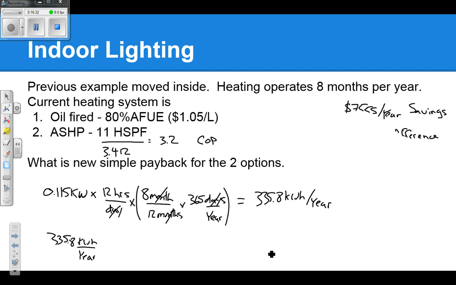So if it's 320% efficient, we could take that 335.8 and divide that by the COP of our system, or 3.2, which is then going to give us about 105 kilowatt hours, right? We needed 335.